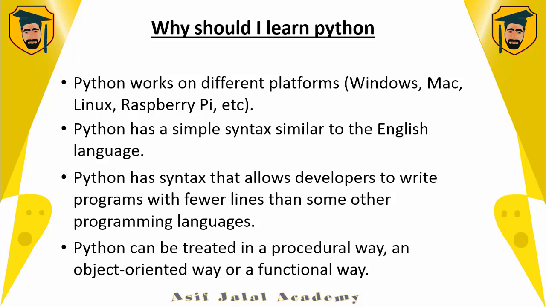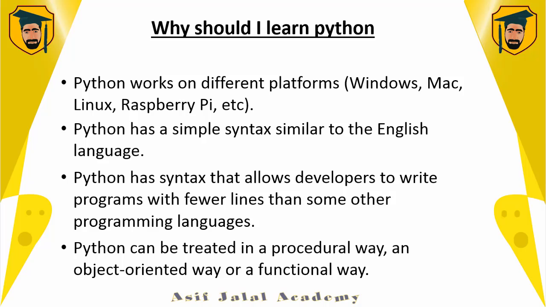The second point is that Python has a simple syntax similar to the English language. That is why I use Python to teach you the basic fundamental concepts of programming, because it is very close to our English language. Python has syntax that allows developers to write programs with fewer lines than some other programming languages. So what does this mean?